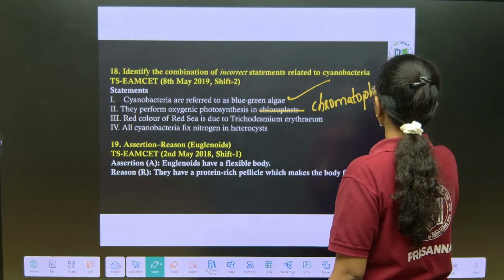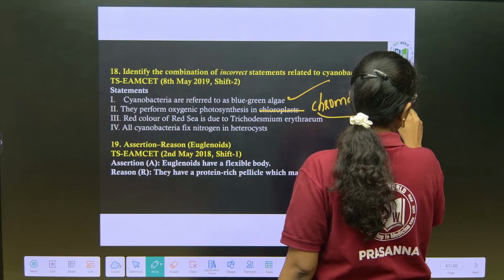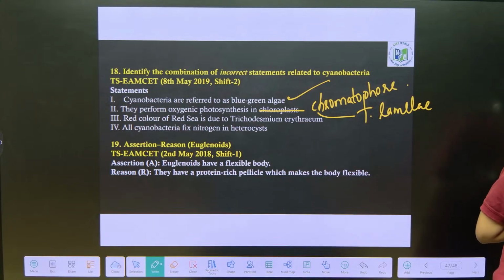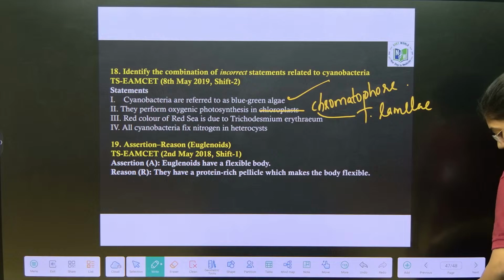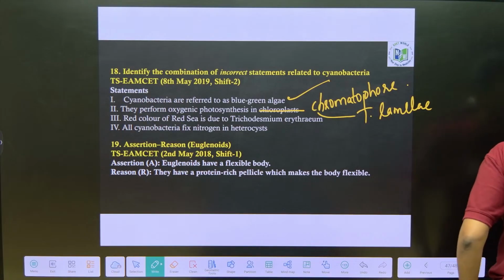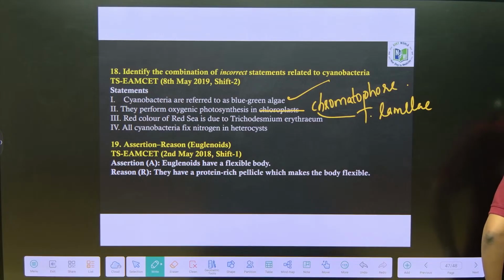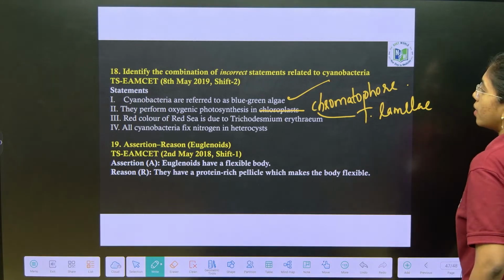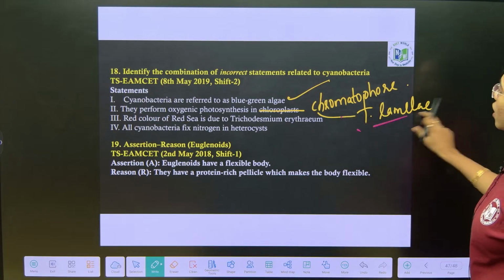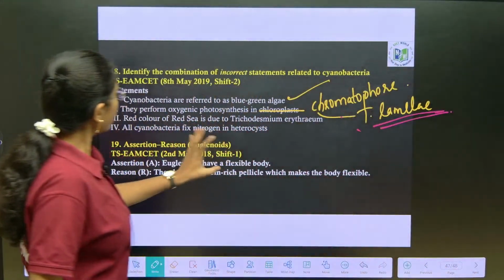Chromatophores, which have thylakoid lamellae, and in that oxygenic photosynthesis happens.